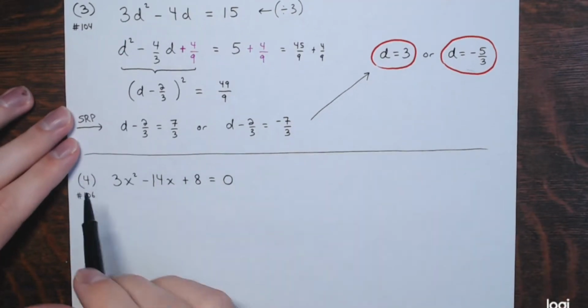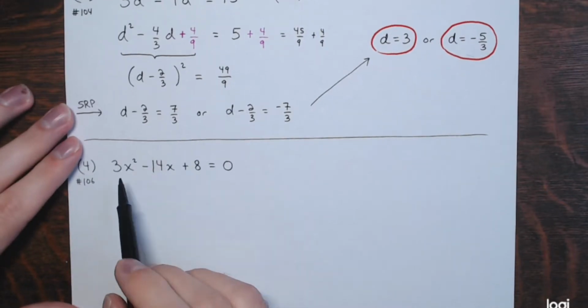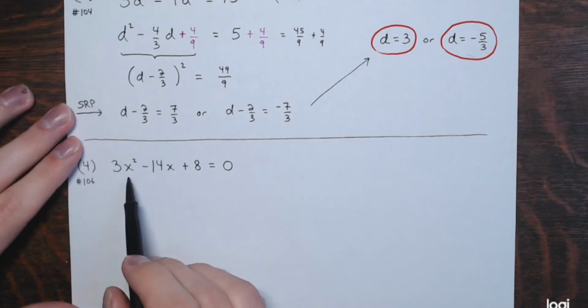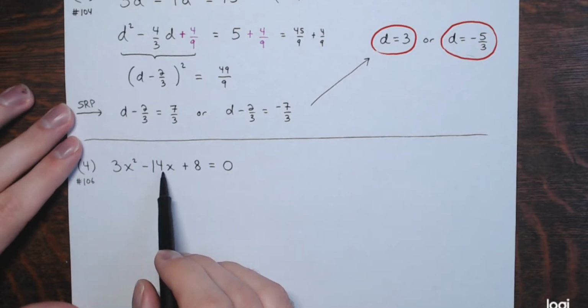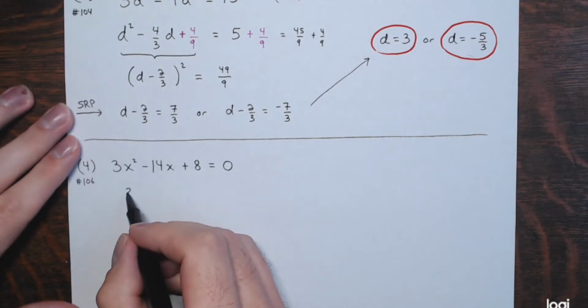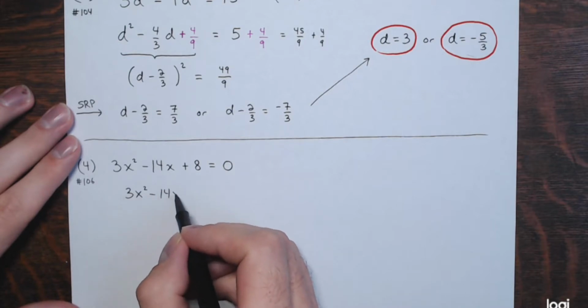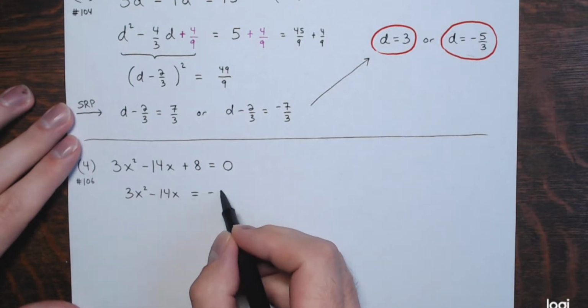Alright, example 4, number 106 from the text. So the same steps. First, I want to get the quadratic term and linear term on their own side. So I subtract 8. Right, so we have 3x squared minus 14x equals negative 8.